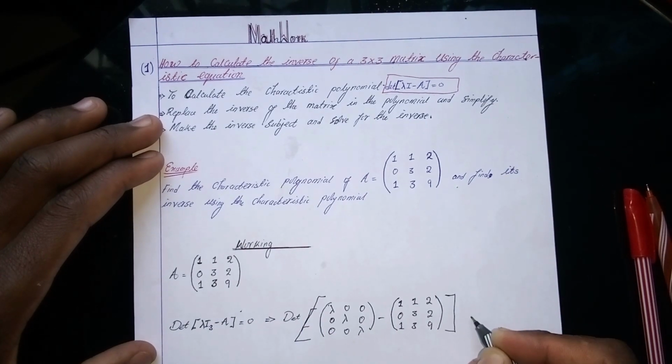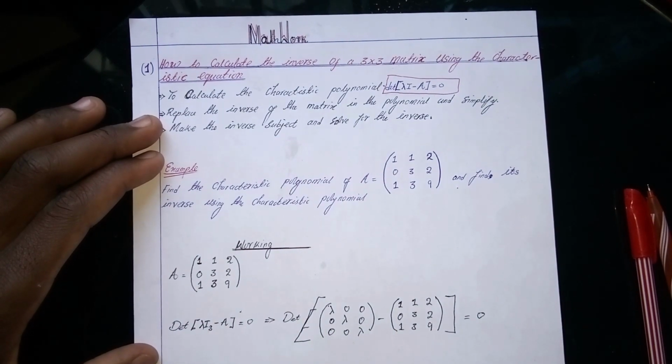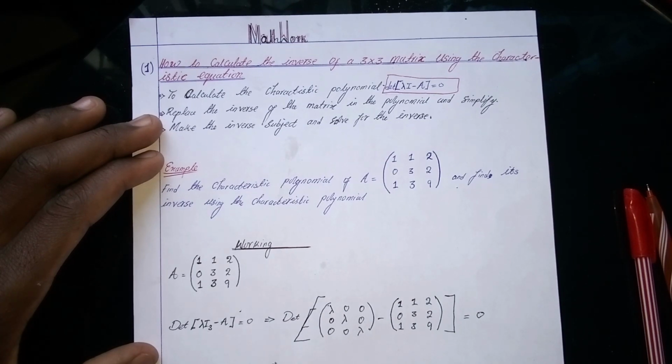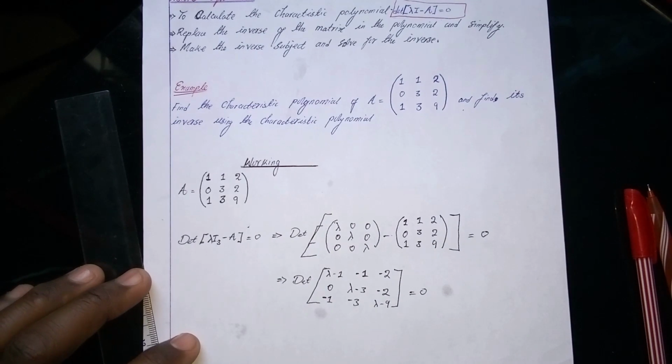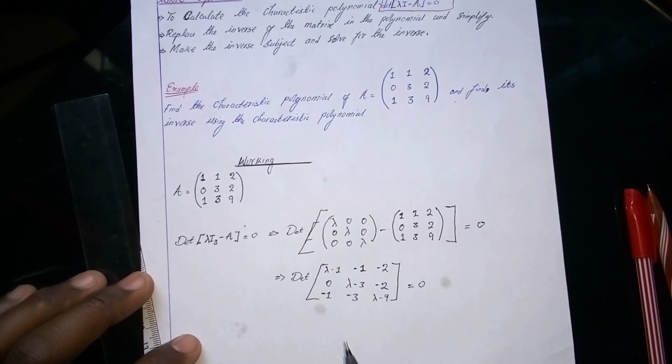Now we are told that this should be equal to 0, so that's what we have there. So now we find the determinant of this matrix.